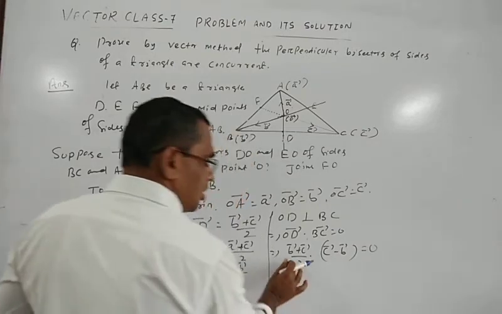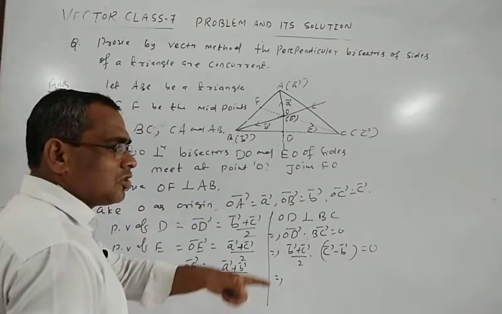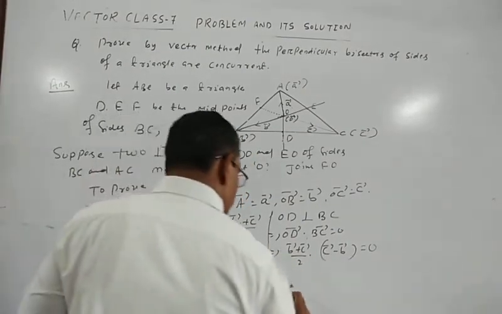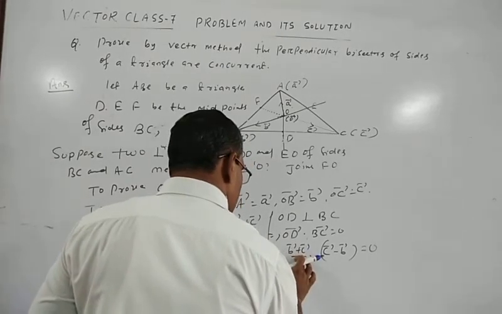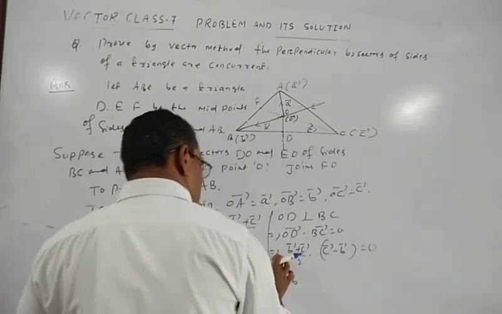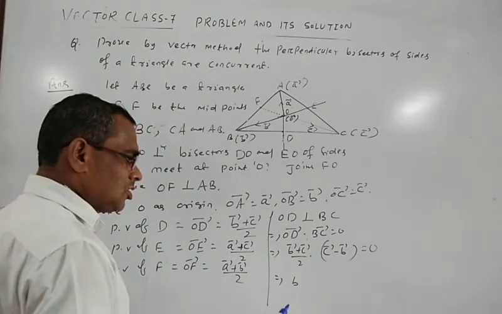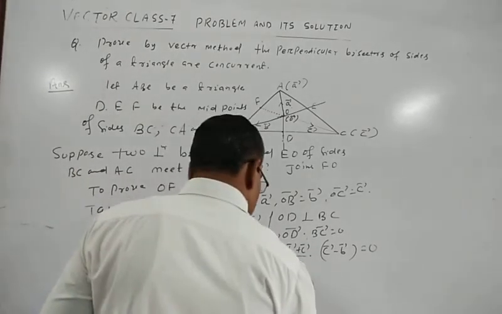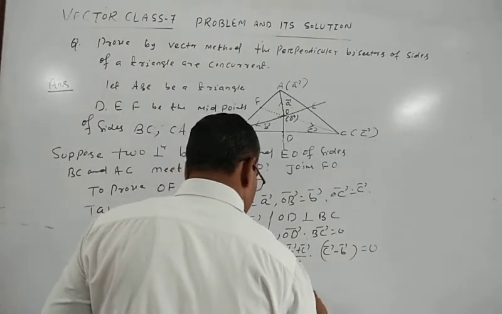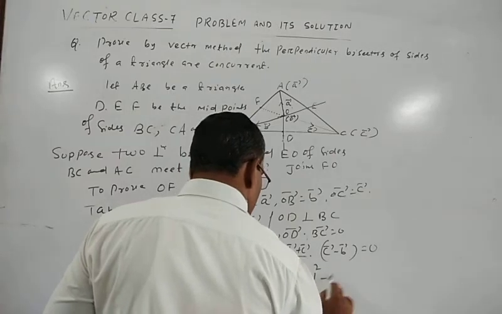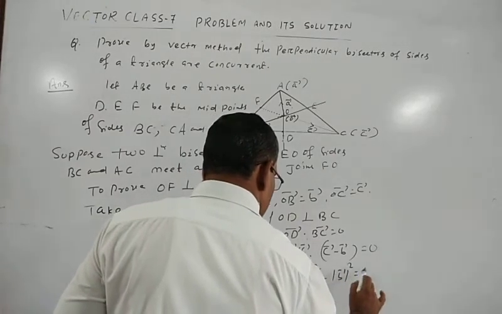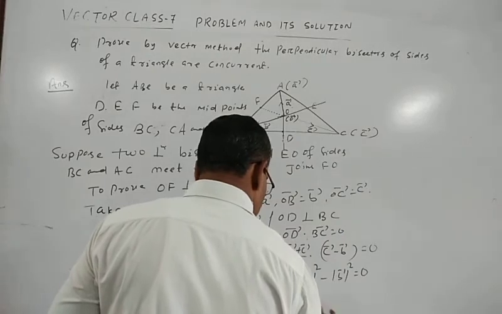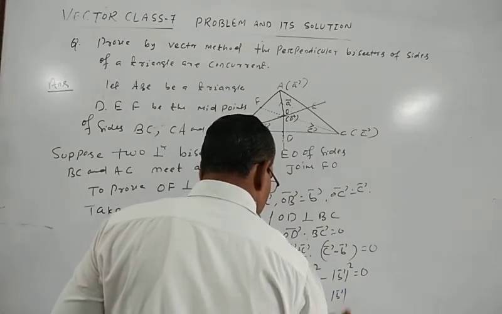The scalar 1 by 2 goes to the right side, so 0 into 2 is equal to 0. That implies (B vector plus C vector) dot (C vector minus B vector) is equal to 0. That's why the magnitude squared of C vector minus the magnitude squared of B vector is equal to 0. That implies the magnitude of C vector is equal to the magnitude of B vector.